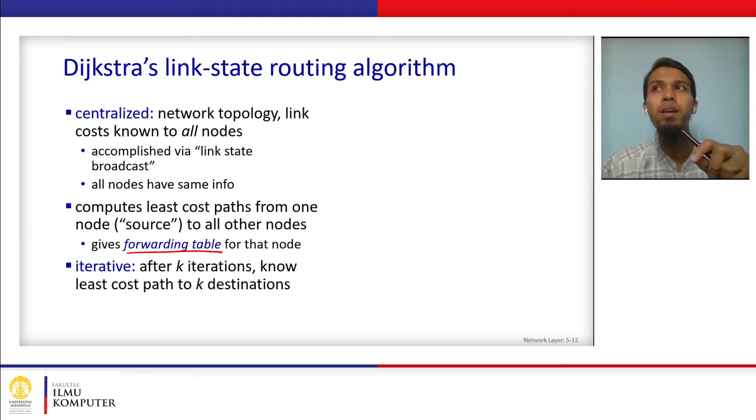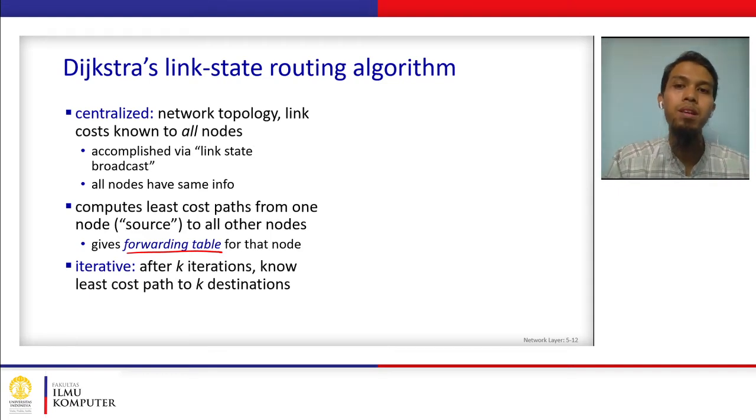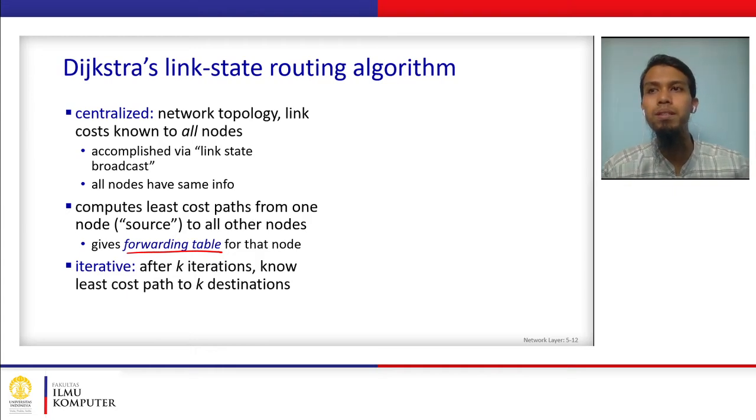Let's take the previous example, with A, B, C, D, E. We'll try to find the least cost paths from node A. Basically we will have 4 iterations, because we'll find the least cost path from A to B, C, D, and E. In each iteration, we find the least cost path to one destination. So after k iterations, we'll know the least cost paths to k destinations.